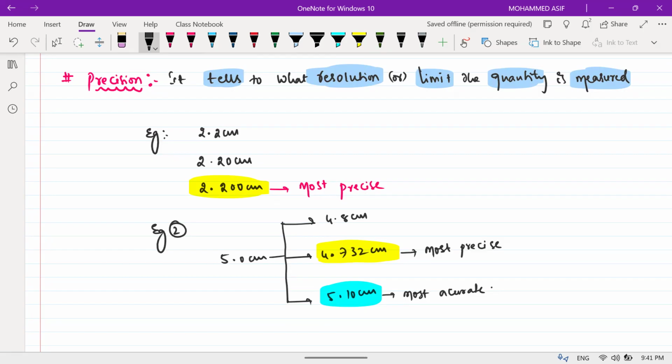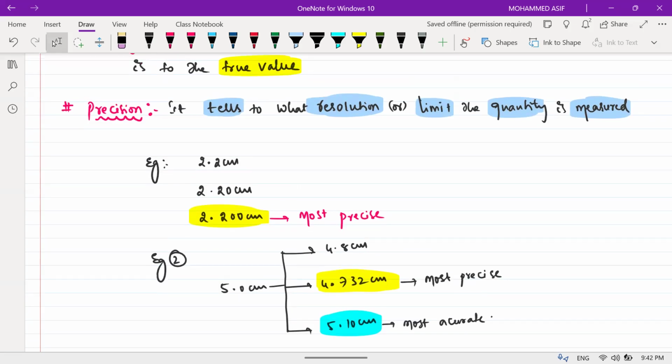So the measured value must be very close to 5 and greater than that. That is the reason 5.10 is the most accurate. And why is it most precise? Because it is giving me the value up to 3 digits after the decimal. That is the reason it is most precise. Am I clear?